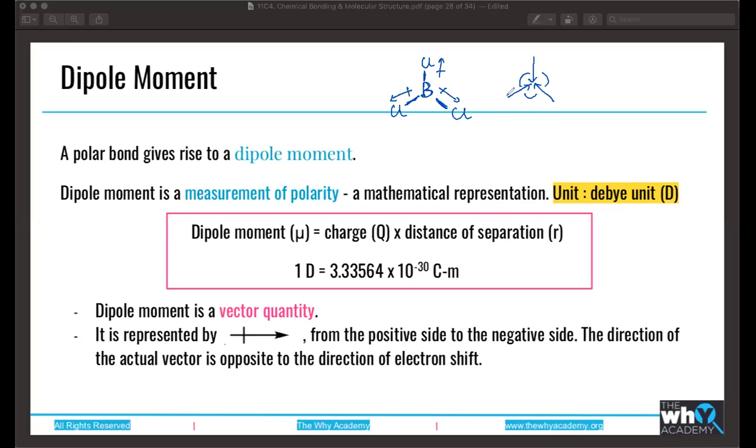If you add all these three, what will the net vector sum look like? It is 0. The sum of these two will have the same magnitude and it's going to add up directly opposite to this one, so they cancel. It's going to be 0. Okay?